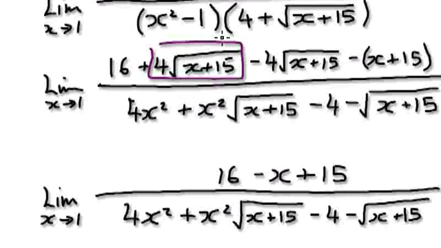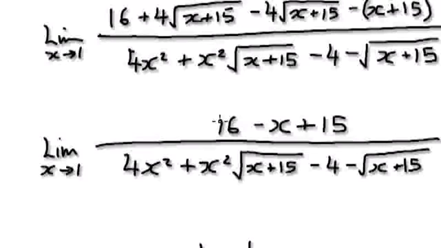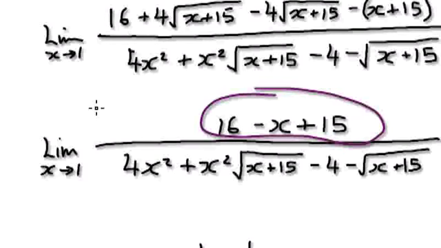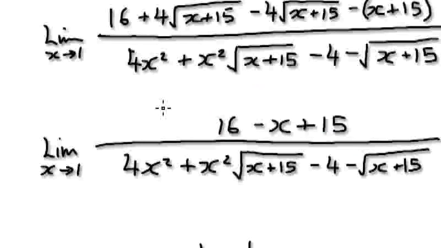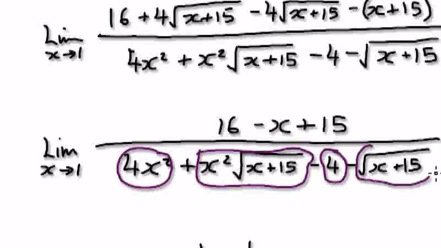That was the whole point of timesing top and bottom by the conjugate, because these two will cancel out, leaving you simply this, which is really 1 minus x. The thing is, at the bottom here, it's really messy, but sometimes we can still work out the limit even though it's messy.